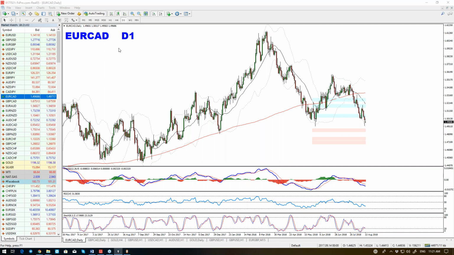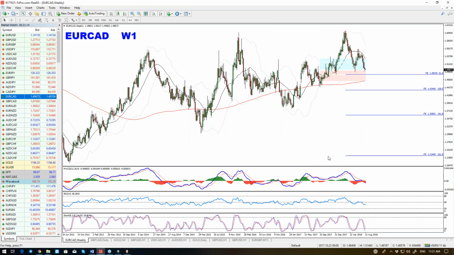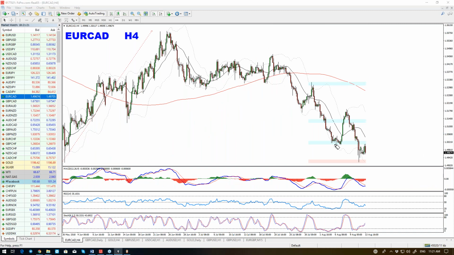Now we do need to slowly start to pay attention for possible slowdown. Why? This is the daily 61.8 and the bearish and the bullish divergence developing. Weekly starts to show a potential divergence by itself. 4 hours starts to show a potential divergence by itself. Now why potential? Because in order for any kind of movement to end, we do need level and divergence combos and basically a turnaround sign.